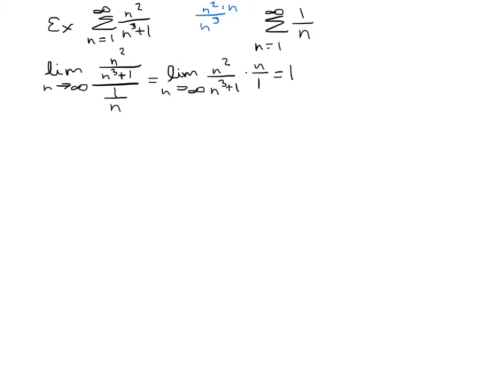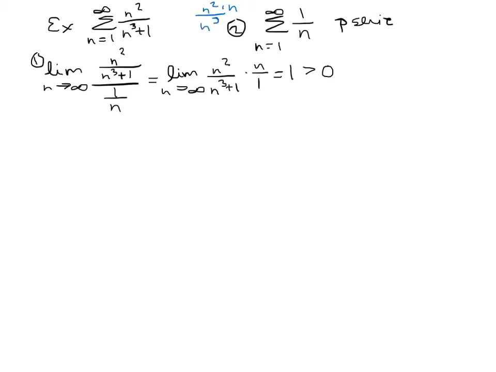That limit is 1, and I go back and look at the test, and if the limit is greater than 0, then they either both converge or both diverge. So now there's the first part, there's our limit. The second part, we need to show why what we chose either converges or diverges.